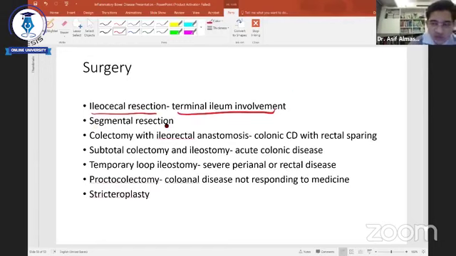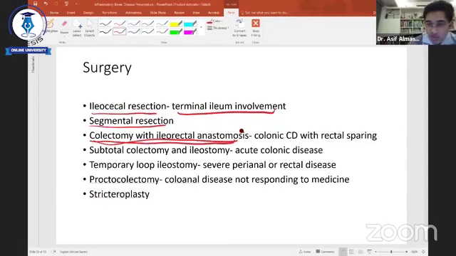Segmental resection, whichever part is involved, we cut that part. Colectomy with ileorectal anastomosis.